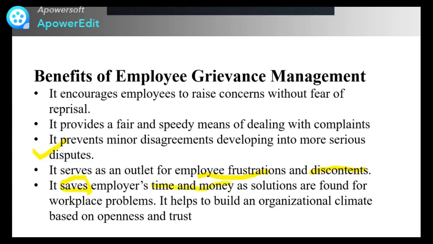It helps to build an organizational climate based on openness and trust. If a good employee grievance management system is functioning, that type of company presents a good organizational climate, with characteristics like openness and trust. Those are the benefits of employee grievance management.